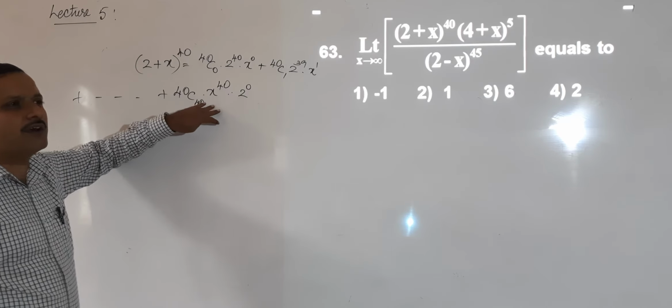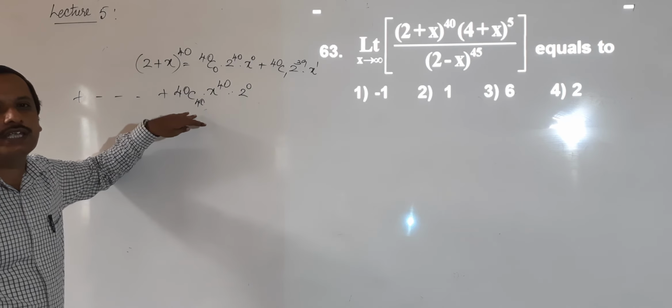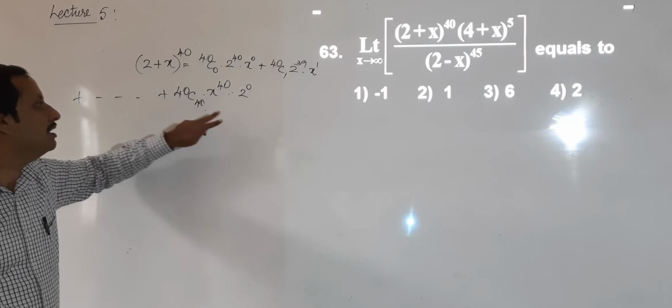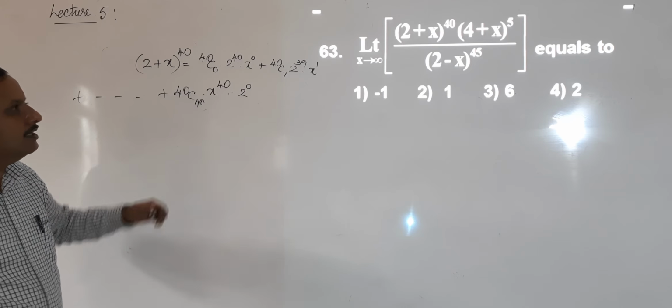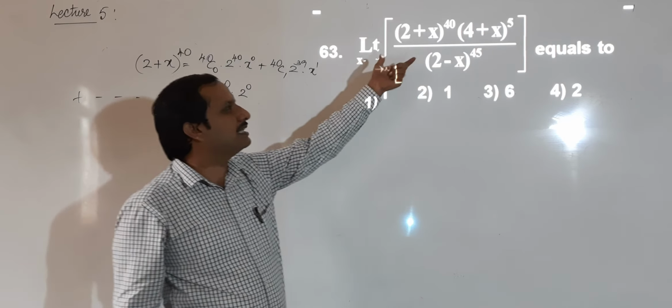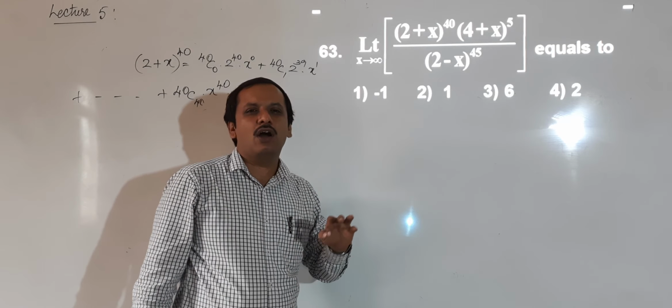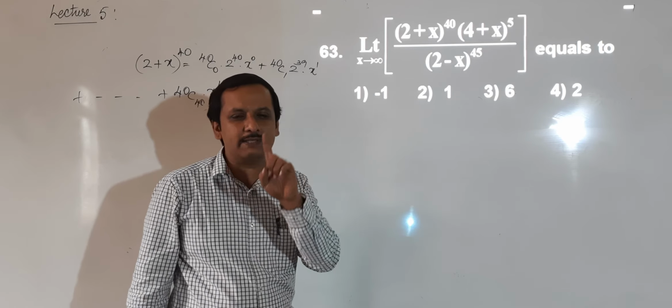So, highest power of x is 40 and its coefficient is 40c40, which is 1, into 2 power 0, that is also 1. So, coefficient of x power 40 is 1 here. Right? So, I can say that (2 plus x) whole power 40, after its expansion, is a polynomial of degree 40 and the coefficient of x power 40 is 1.